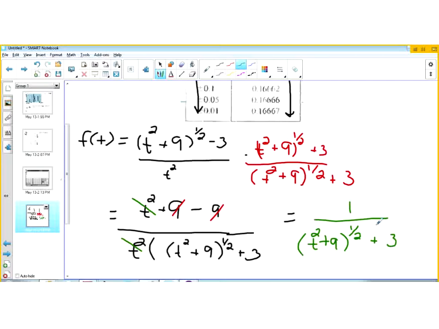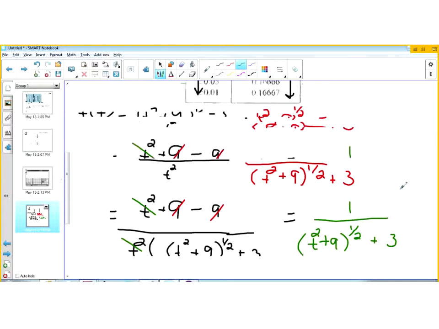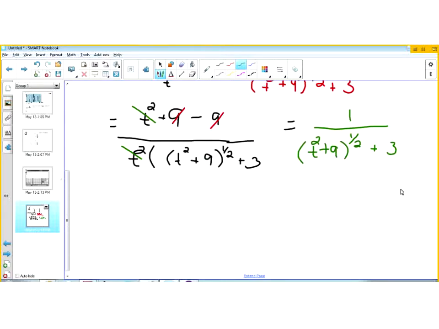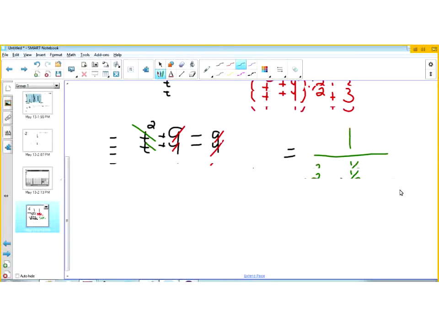Okay, and then we can go ahead and figure that since 0 is in the domain of the function, and the function is continuous for all values of t, there are no holes or discontinuities in this function. We can go ahead and use what's called the direct substitution principle, which I'll talk about later.